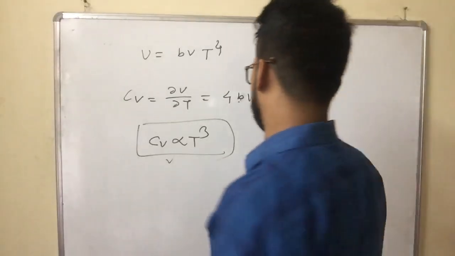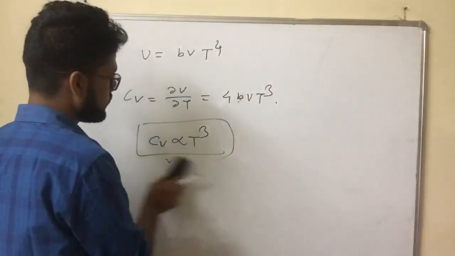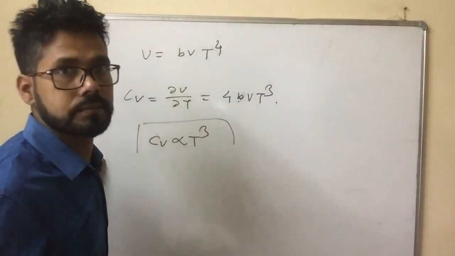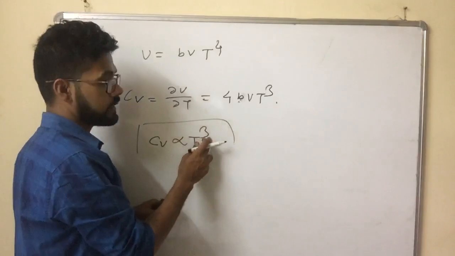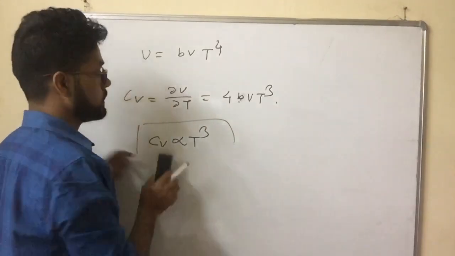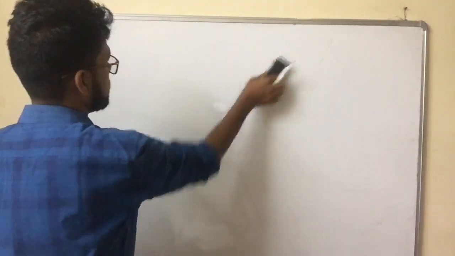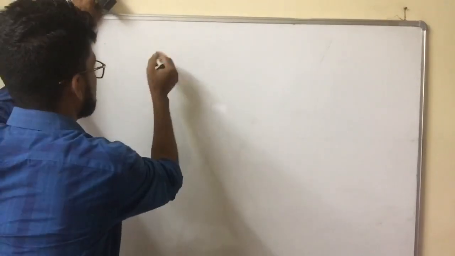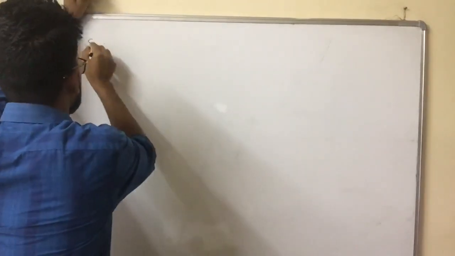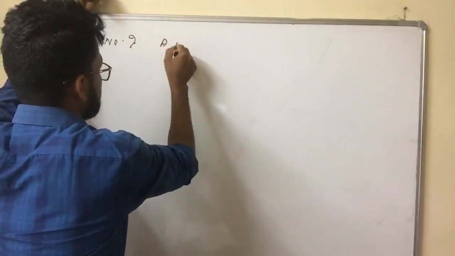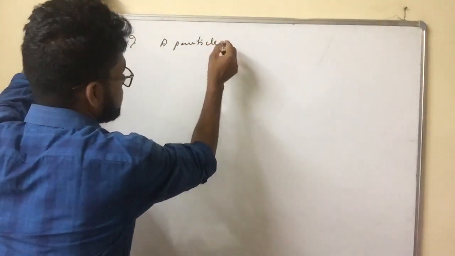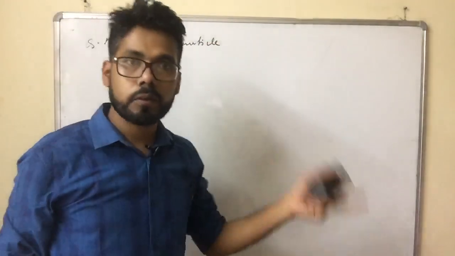This type of question is often asked in the exam. Whether it will be T cube or T will depend on these factors. See, suppose there is a question in a NET or GATE exam about a particle, but the question doesn't mention whether it is a phonon or photon.